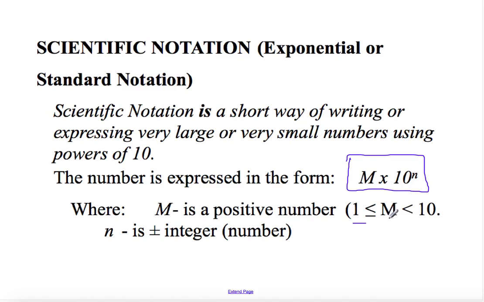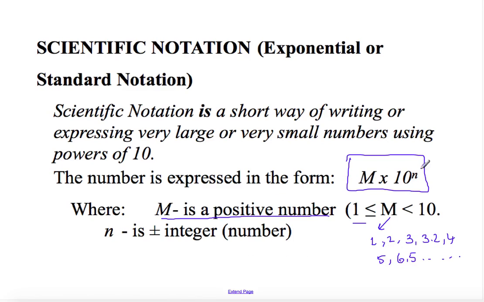So here m is a positive number, it's not an integer, so m can be 1, it can be 2, it can be 3, or it can be 3.2, it can be 4, it can be 5, it can be 6.5, and so on.